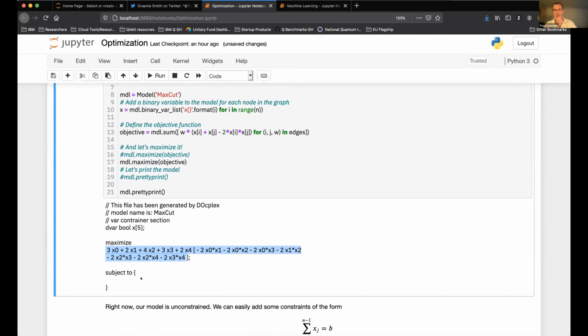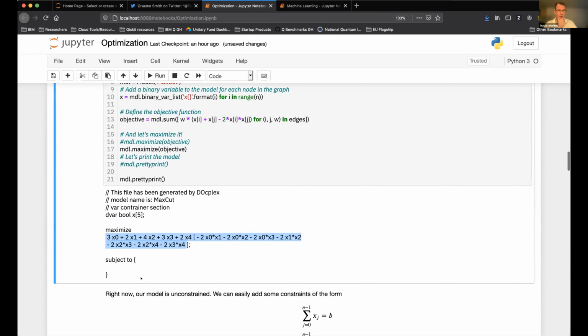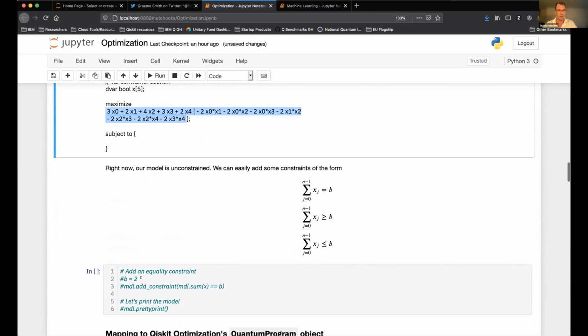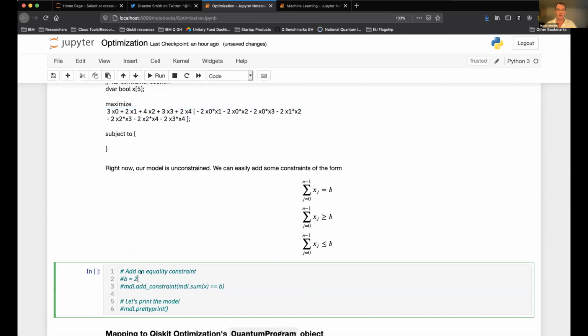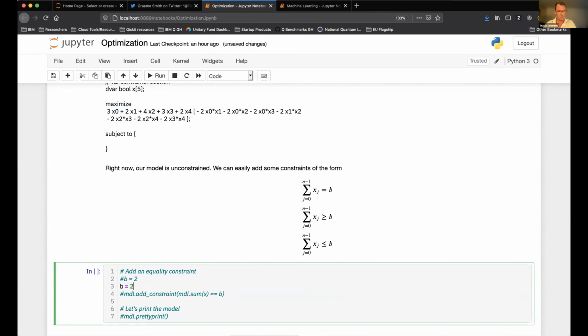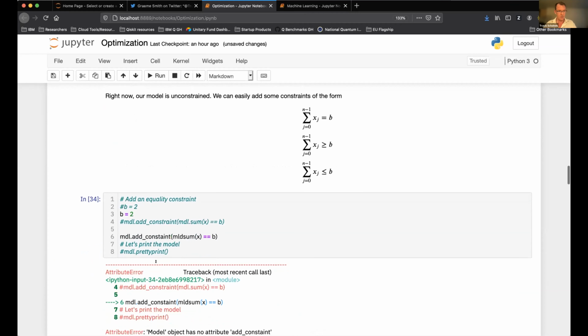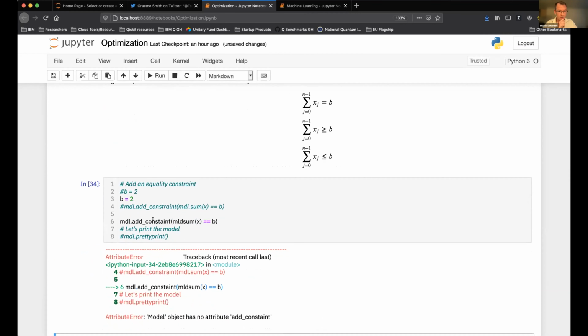But sometimes it's more interesting to solve optimization problems where there are constraints. So let's add at least one constraint, an equality constraint. Let's say b equals 2. And then we'll add this constraint, model.sum of x is equal to b. Oops, I misspelled that, didn't I?